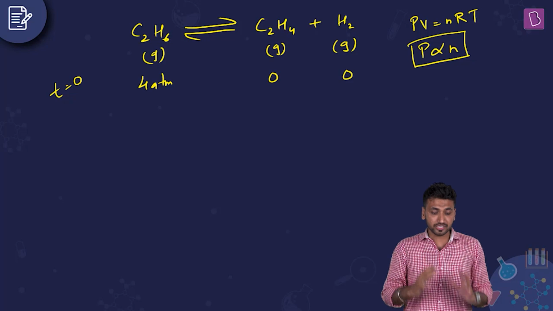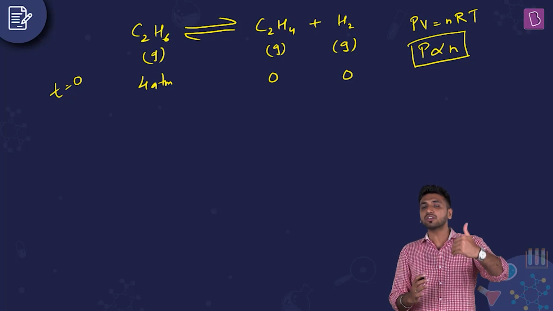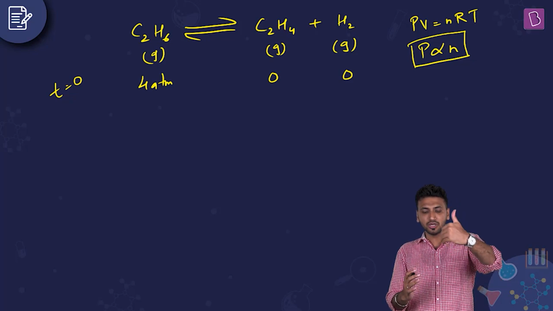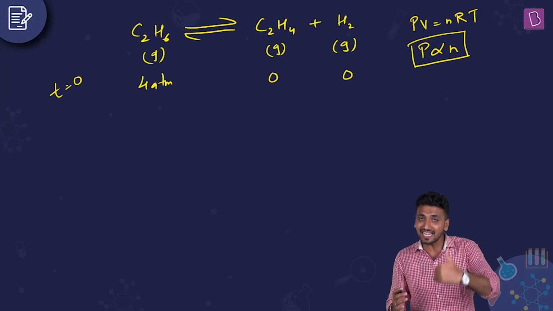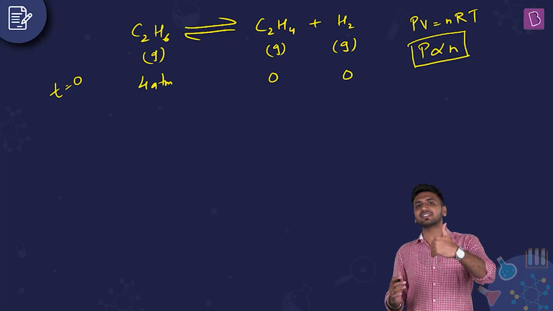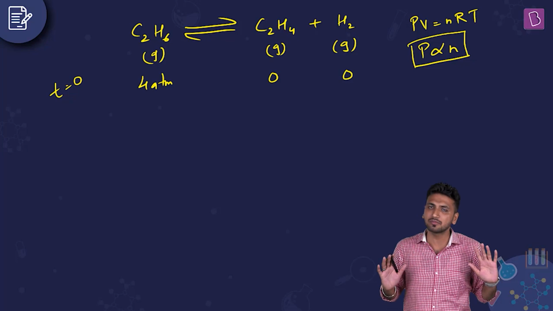According to the stoichiometry, a moles of ethene and a moles of hydrogen will be formed.